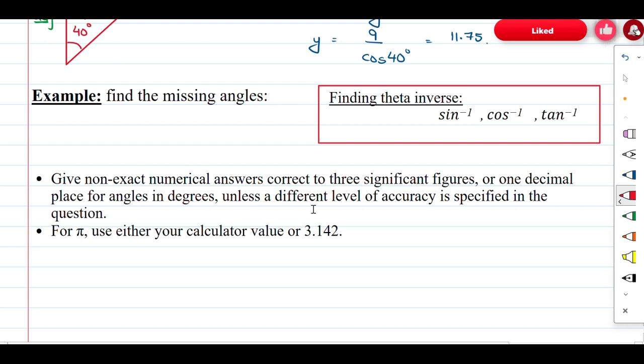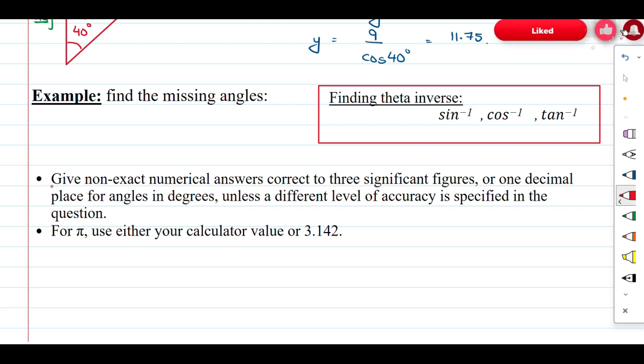Now in the missing angles we basically have to use the inverse, like sine inverse, cos inverse, and tangent inverse. Keep that in mind. These 2 bullet points are in the instruction page of your O-level and IGCSE maths exam.